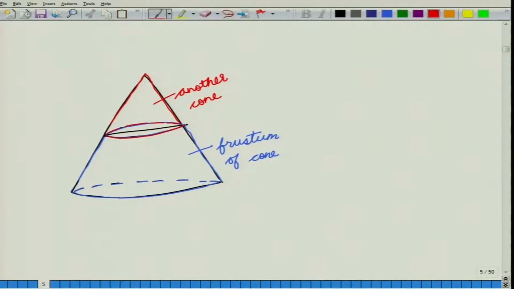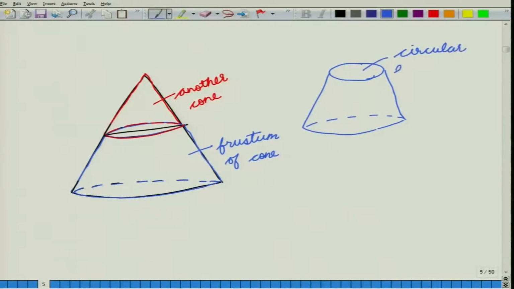Now, if we draw the frustum of the cone again, its top would be circular, the sides will be straight and the bottom edge will also be circular. So, this is a circular end, this again is a circular end.